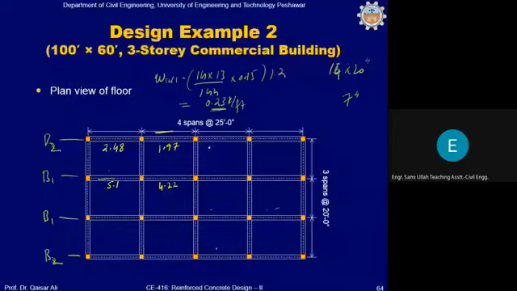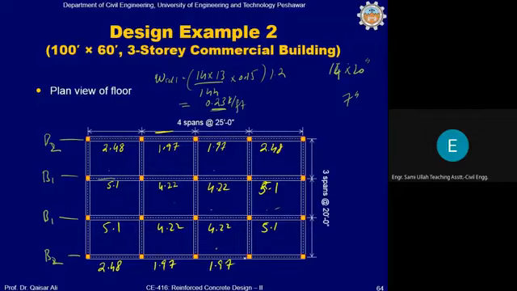So this is equal to 1.97, 2.48, 4.22, 5.1, 5.1, 4.22, 4.22, 5.1, and similarly 2.48, 1.97, 1.97, and 2.48. Okay. So these are the loads acting on the beams running along the longer direction.